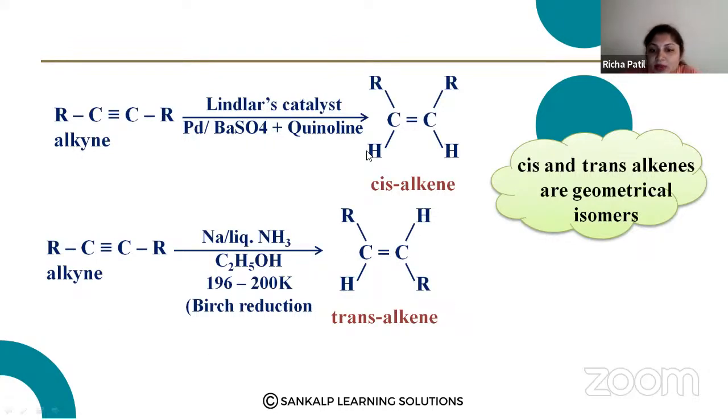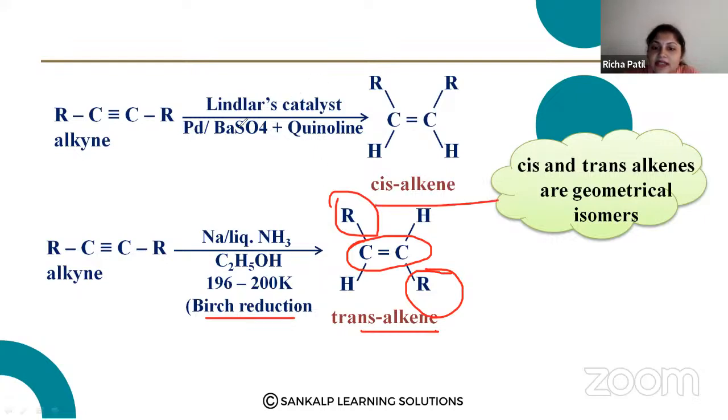And across the double bond, here you can see the C=C double bond, if the two atoms are occupying opposite positions, then they are called trans alkene. When do you get trans alkene? When you are doing Birch reduction. And you get cis alkene with Lindlar's catalyst. So remember which is the catalyst.